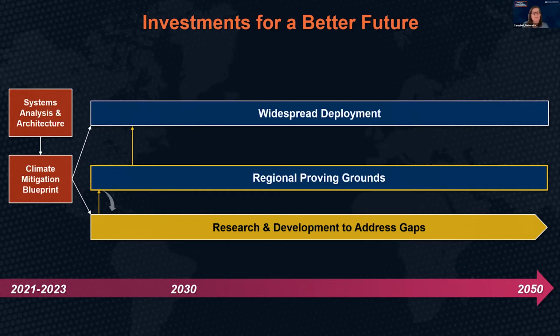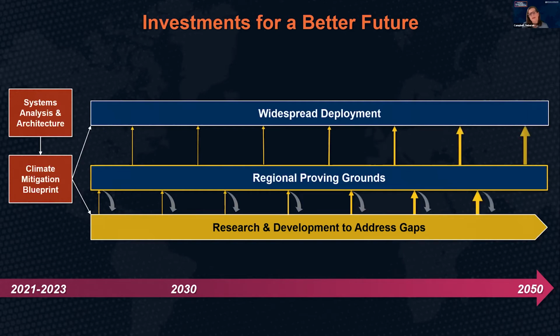Some technologies may advance more quickly to widespread deployment, but many are going to take much longer as we work toward 2030 and 2050. This powerful approach to tackling complex, challenging problems can help ensure a better future for the United States and the world. Thank you so much for listening, and I'm very happy to take questions.